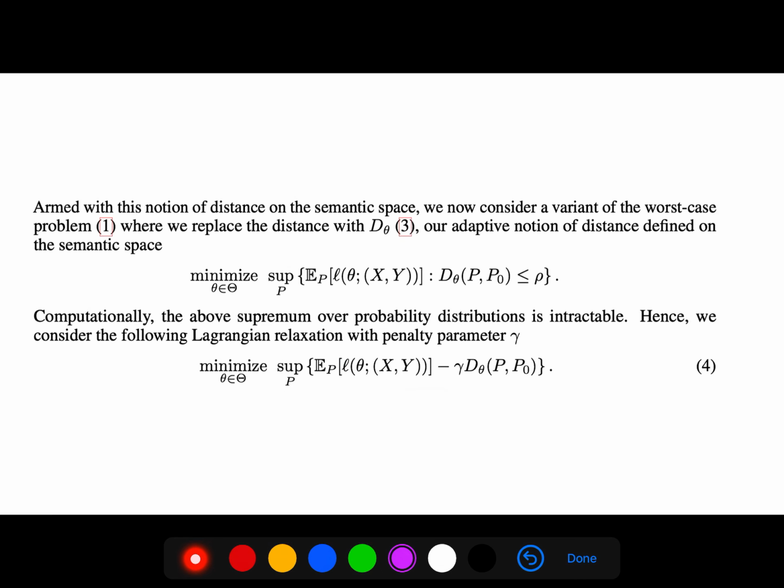Armed with this notion of distance, we now consider a variant of the worst-case problem where we replace the distance with our adaptive notion of distance, defined on the semantic space.